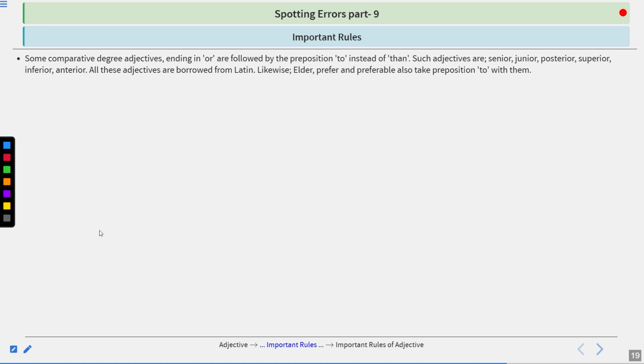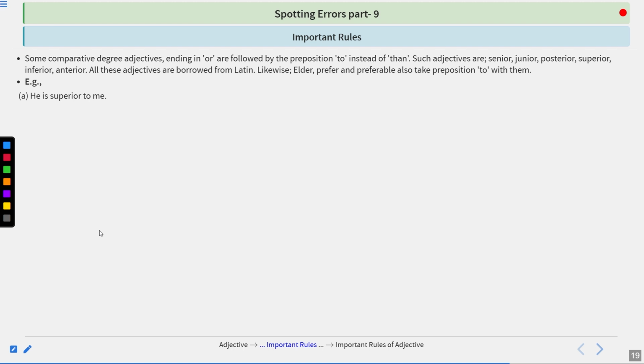Likewise, elder, prefer, and preferable also take the preposition to with them. So with these adjectives, you have to use to instead of than because these are borrowed from the Latin language. These are not comparative degrees actually, but words which are used to compare.